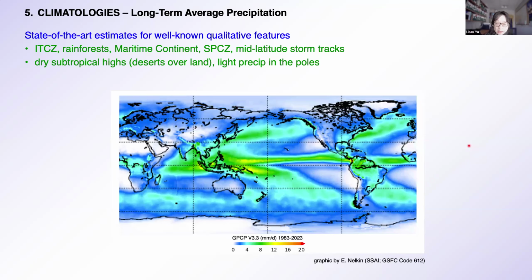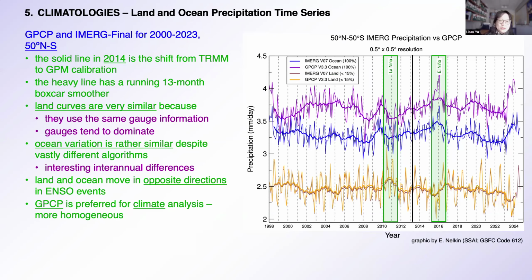I appreciate your comments that GPCP is for long-term perspective and IMERG for short-term variability. So another question: for the global ocean freshwater budget, E minus P monthly, which one is better to use? I found the GPCP and IMERG give different budgets over the global ocean, and yes, that's the picture you show. Over land it's pretty much converged, but over ocean you sometimes have a 5 to 8% difference between the two products.